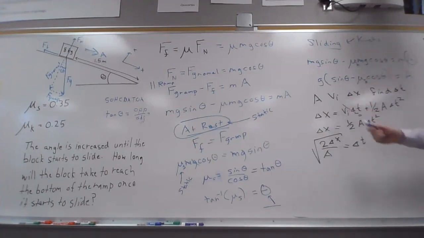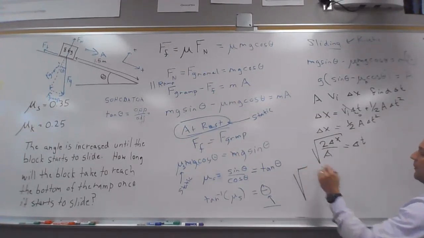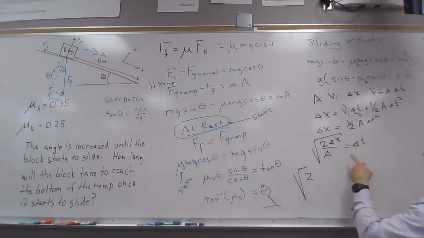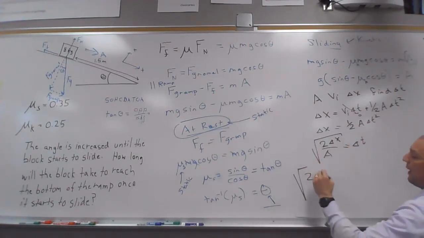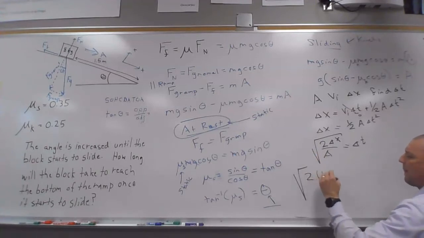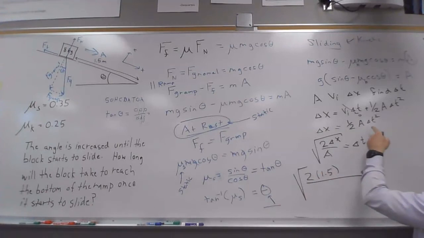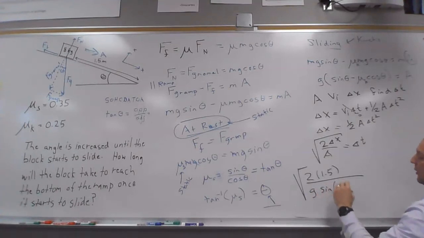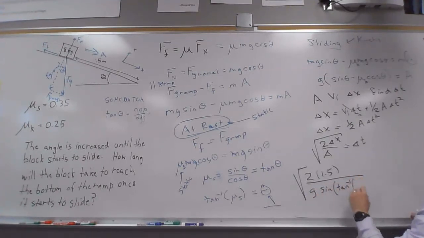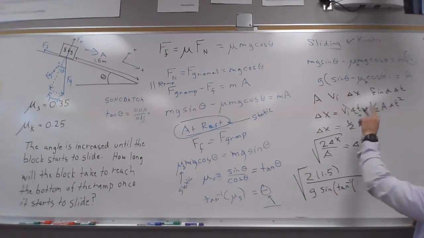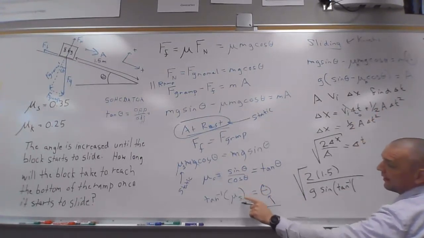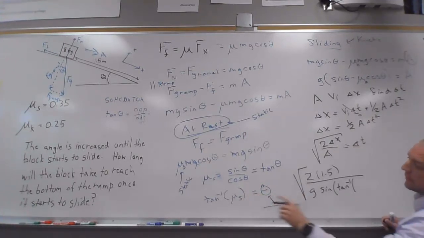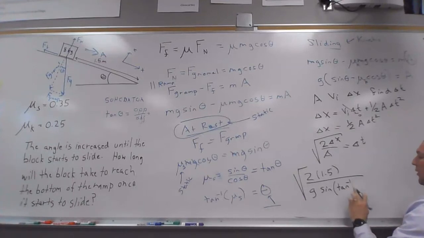So if we substitute all this back in here with a and our theta, well, we can see here that we're going to have the square root of 2 delta x, delta x is going to be our 1.5, all divided by our a, which is going to be equal to g sine of, now we can put this in, tangent inverse of the static coefficient of friction, so I'll just write this here, mu static.